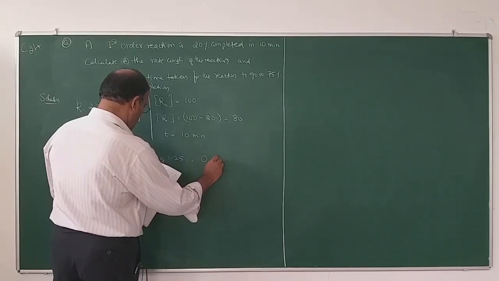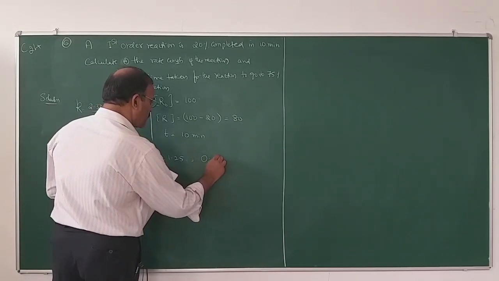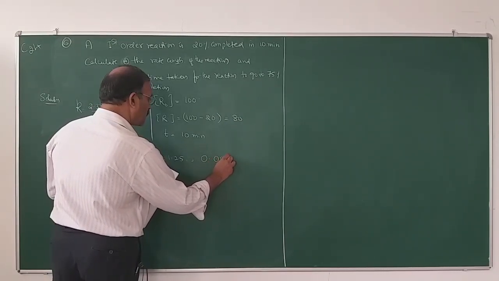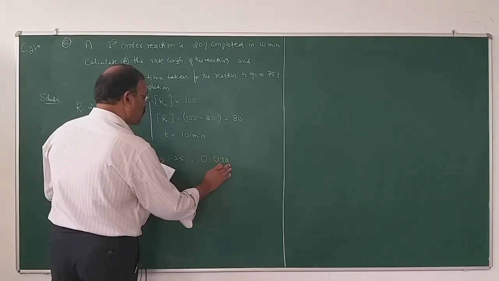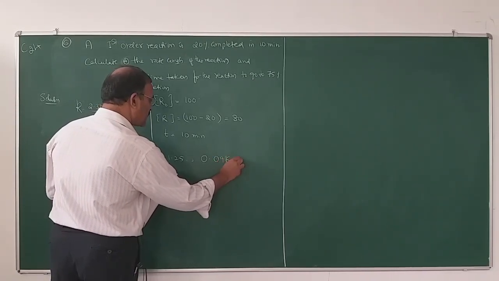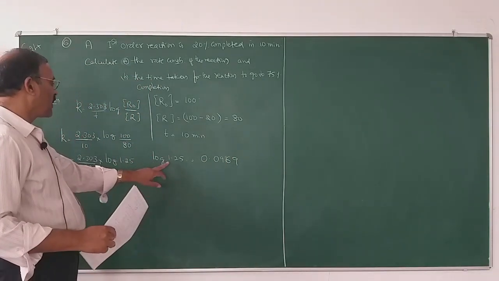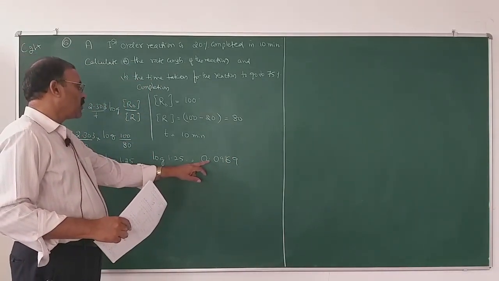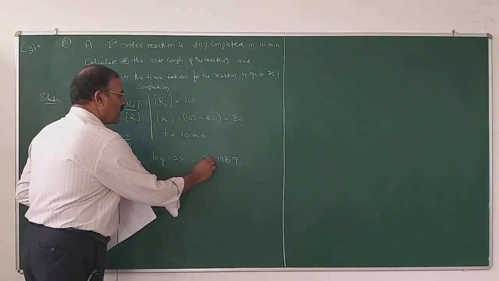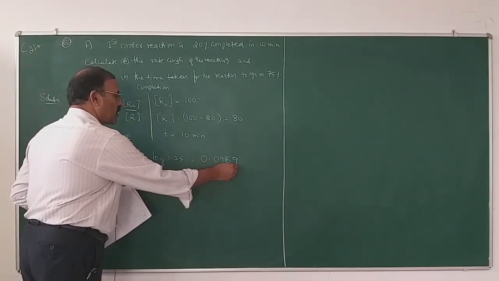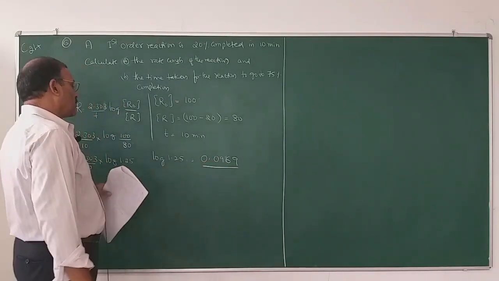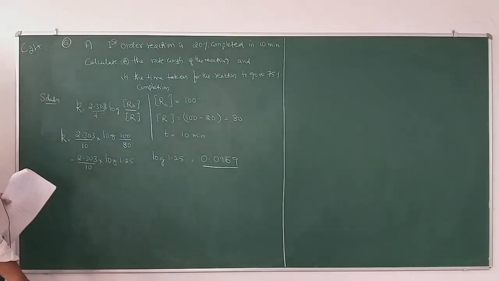So you will get 0.0969. So value of log 1.25 equals 0.0969. So you have to learn how to see the logarithm values.